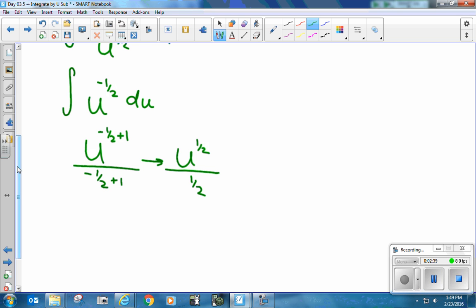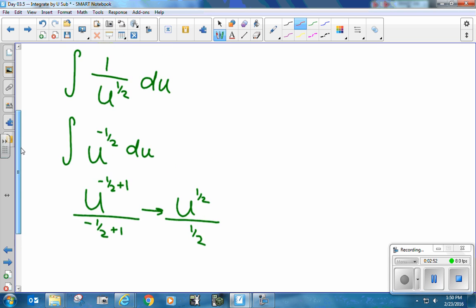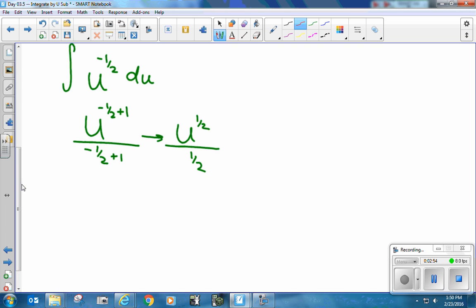And how can I simplify that even more? I can, but how can I make it so it's not a fraction? Okay. All right. If I multiply the bottom by 2, it cancels. I also got to multiply the top by 2. So I now have 2. Well, u to the 1/2 is the square root, right?